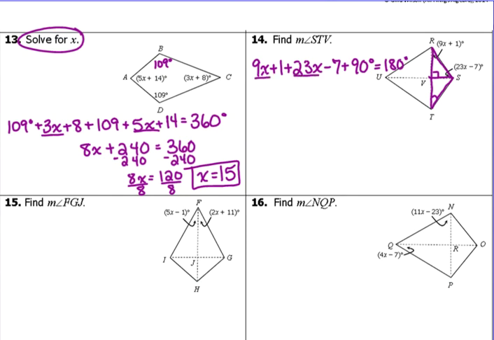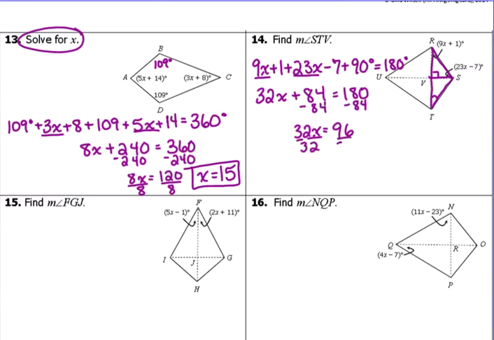So like terms, 9x plus 23x is 32x. 1 minus 7 plus 90 is 84. Subtract 84 from both sides. 32x is equal to 96.